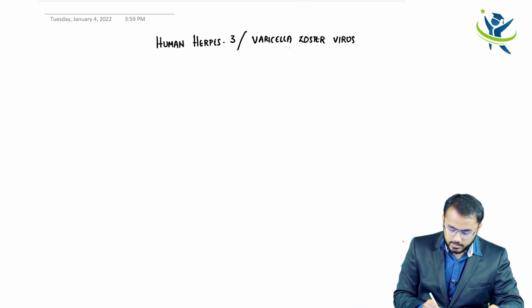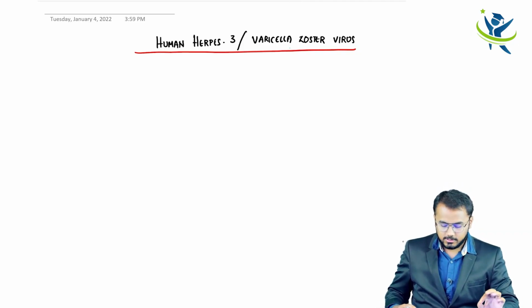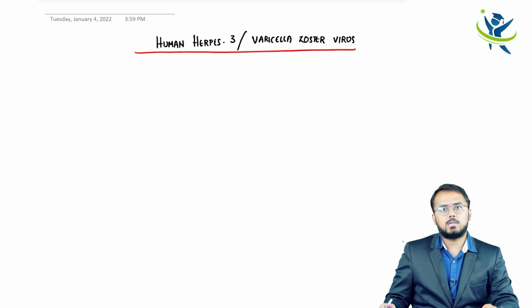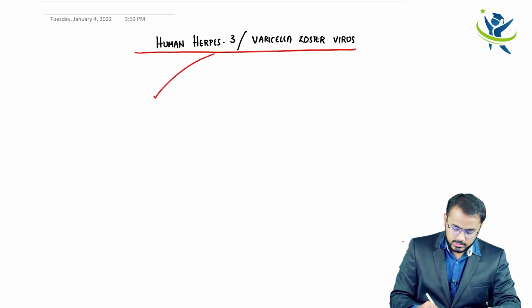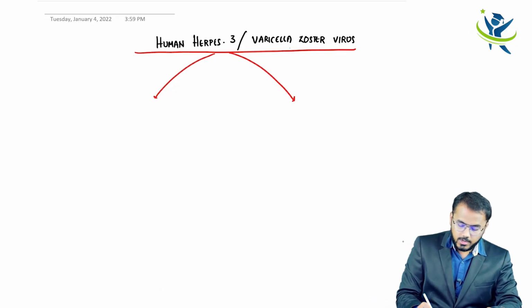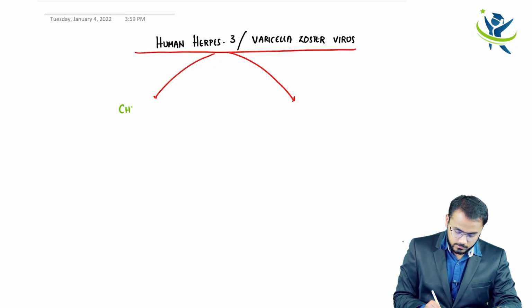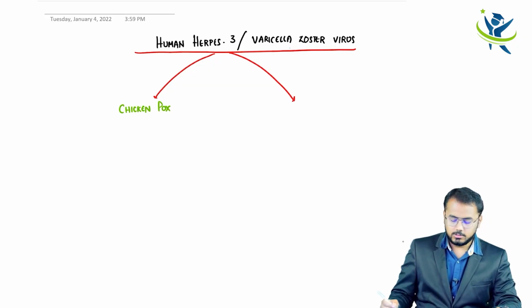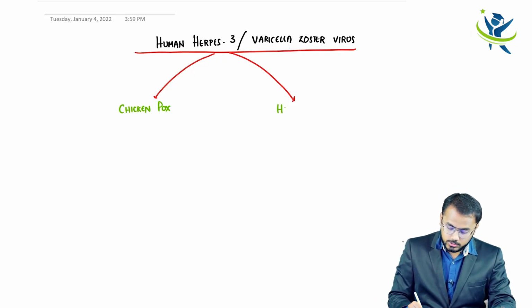So what is the important thing about human herpes 3 or Varicella Zoster virus? This virus is known to cause two different diseases. Disease number 1 is chickenpox, and on the other hand it is also known to cause herpes zoster.